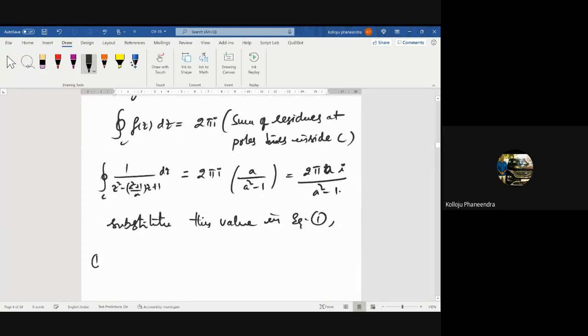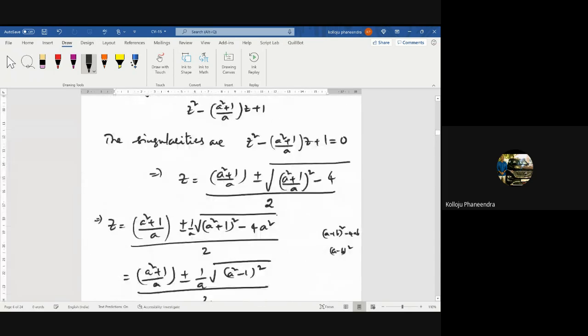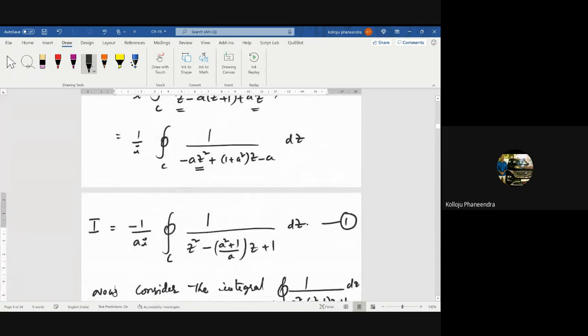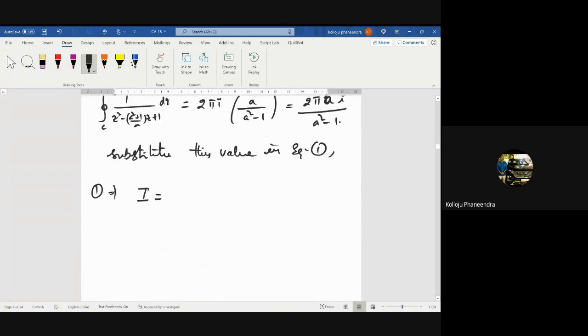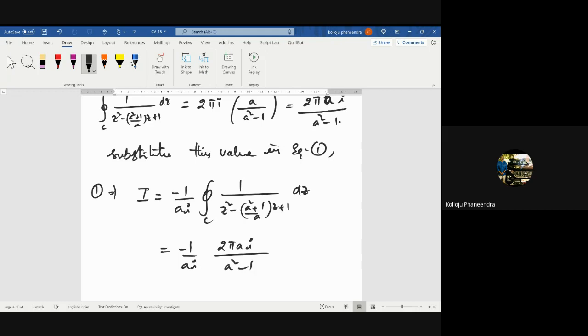So I is nothing but, let us see equation 1, minus 1 by ai times this integral. So I will write minus 1 by ai integral over c of 1 by z square minus a square plus 1 by a into z plus 1 dz. Done. So minus 1 by ai, what is this value? 2 pi ai by a square minus 1. So ai gets cancelled.